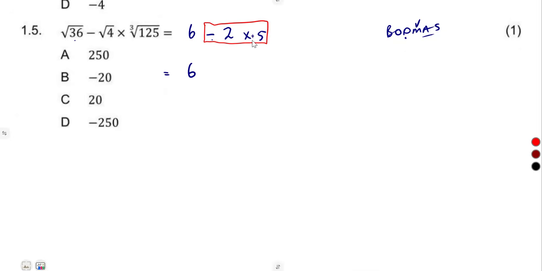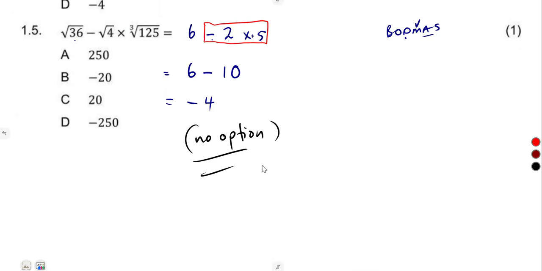So minus times a positive, that's a negative. 2 times 5, that's a 10. So you are going to subtract 6 minus 10, which is negative 4. And we do not have negative 4 on that part. So in our case, there is no option here.